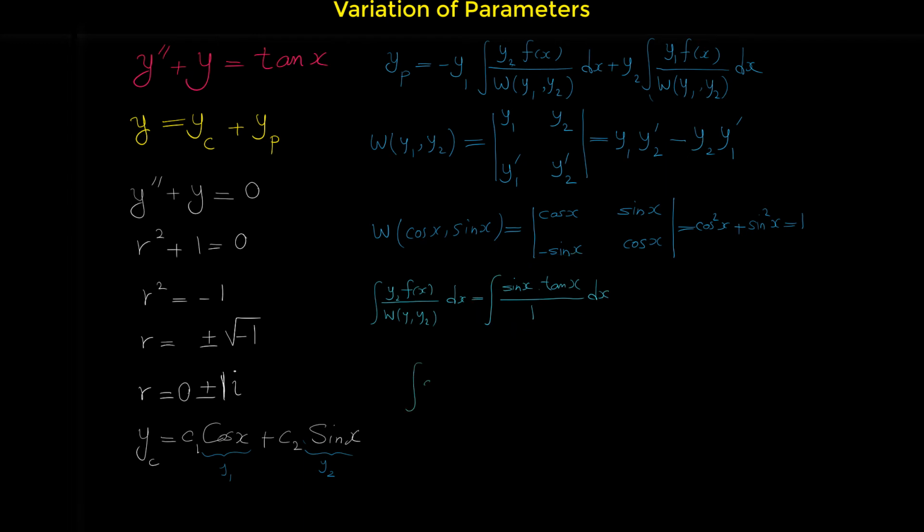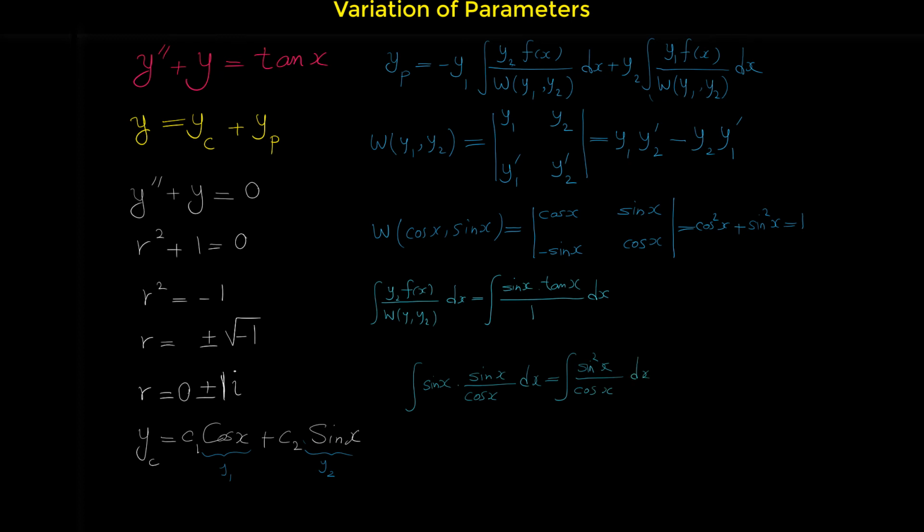For finding this integral, we can write tangent of x as sine over cosine. And now if we multiply this function by this function, sine of x times sine of x over cosine x is sine squared x over cosine x dx.